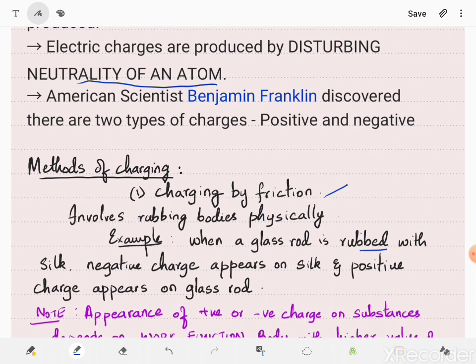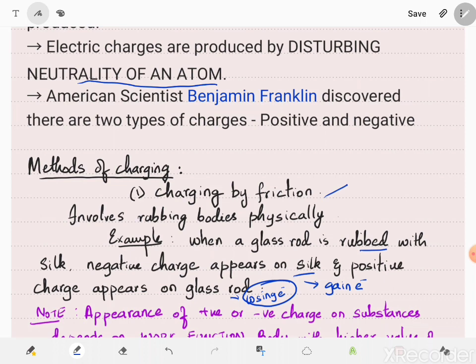Now, when you rub a glass rod with silk, it is found that there is a negative charge appearing on silk, meaning that silk is gaining electrons. While the glass rod appears to be positively charged, meaning that it is losing electrons.